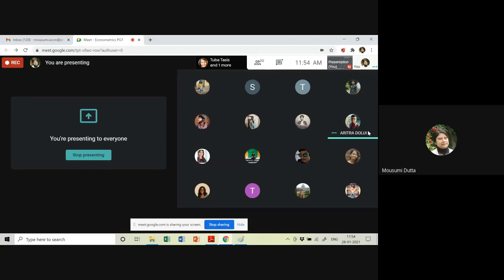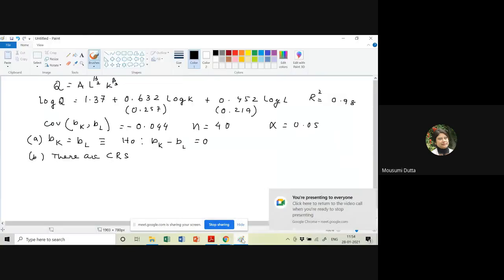Variance always comes with the plus sign, and it is like the (A minus B) whole square formula, A square plus B square minus 2AB. So minus 2 covariance of beta 1 and beta 2. And all the data is given, so you will be able to write down the thing. Very good, Aditya.